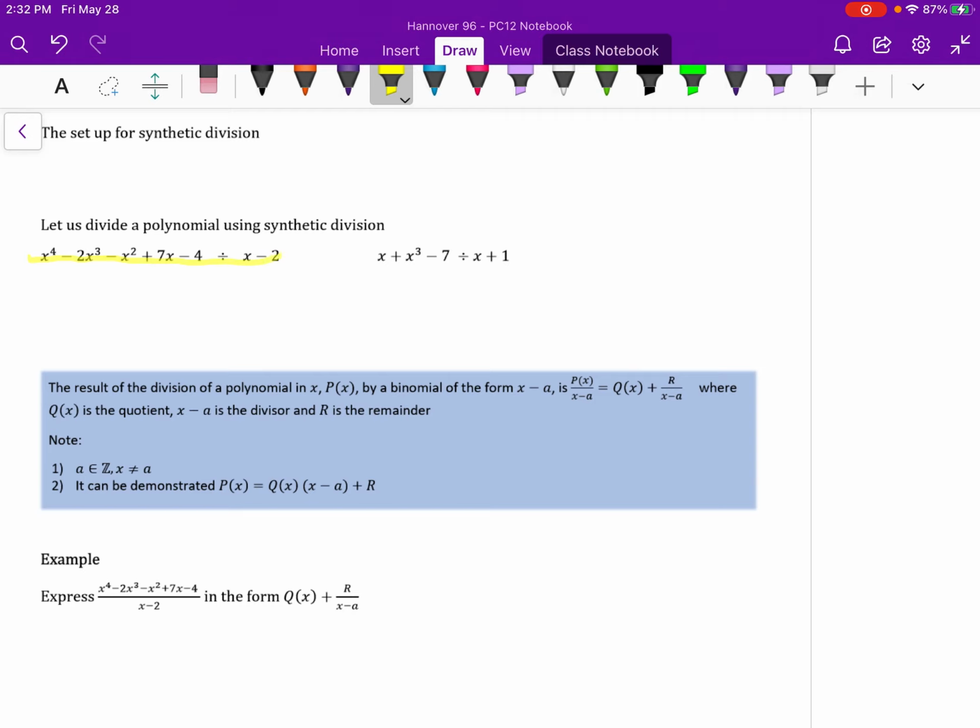Now, I'll set up this one using synthetic division. So first things first, we have to make sure the divisor and dividend are in descending order of degree.